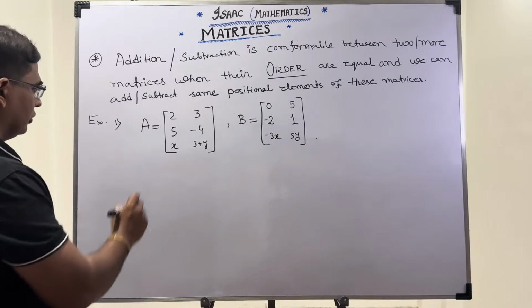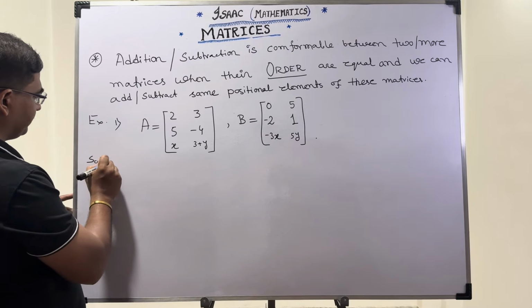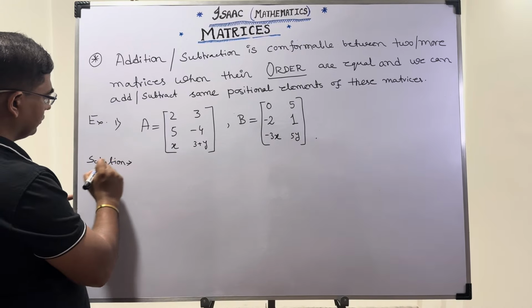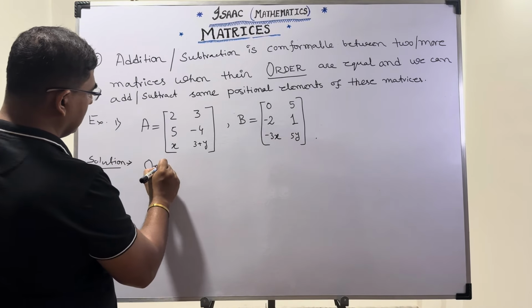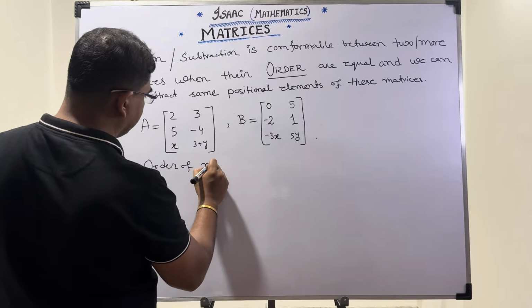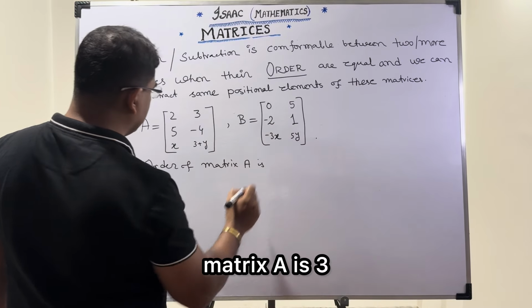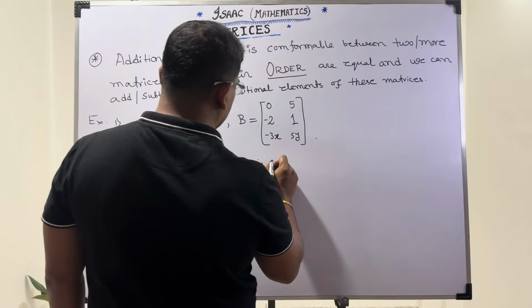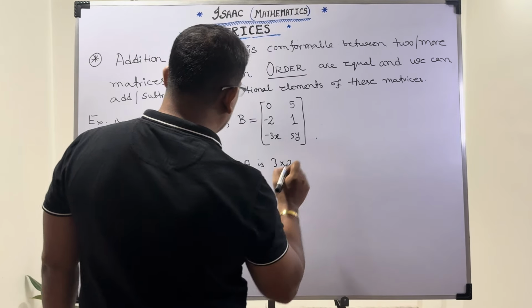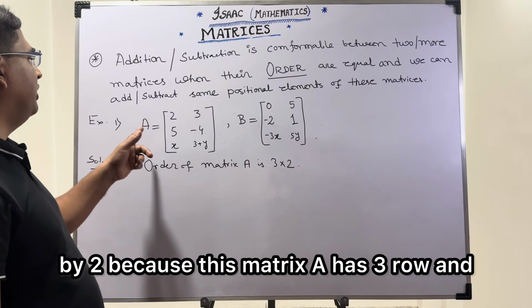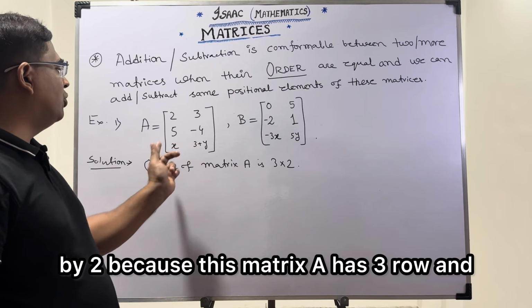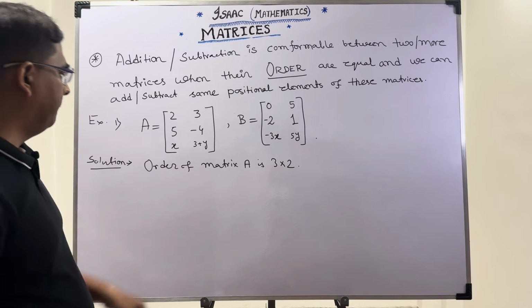Okay. So solution. Order of matrix A is 3 by 2 because this matrix A has 3 rows and 2 columns.